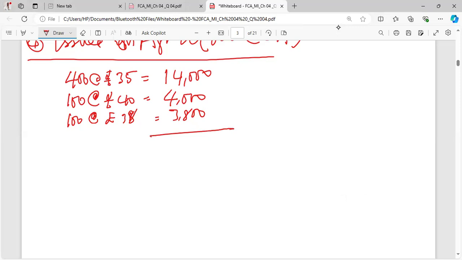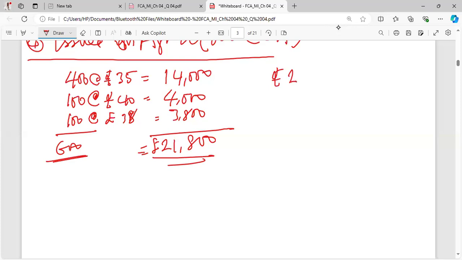So this will be 21,800. And this is 600. So we will say 21,800 divided by 600. Let's do that to get the price issued for one.